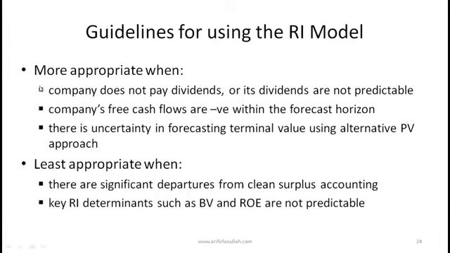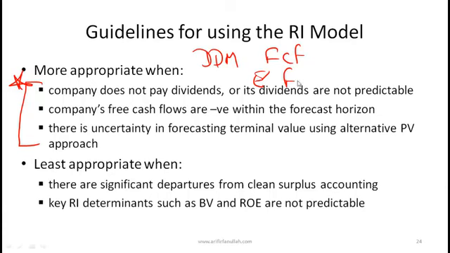This is a high probability question about where to use this. Since this is the last reading, after the dividend discount model and free cash flow, with the equity version and the firm version, and now residual income, you need to know where to use what.